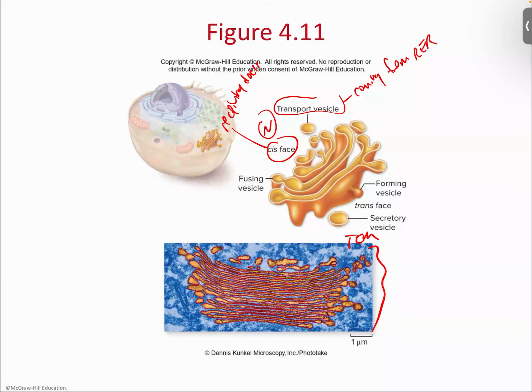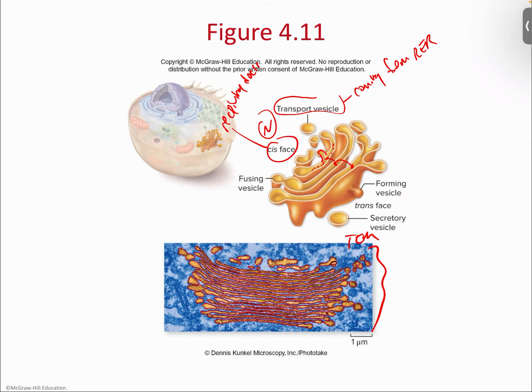When this transport vesicle touches the Golgi, it fuses and dumps its contents into the lumen of the Golgi, and there it'll start getting modified by the Golgi itself. Then the protein starts to treadmill from one stack to the other, and it gets progressively more modified until it becomes perfected. It's ready to go, ready to do its job now.